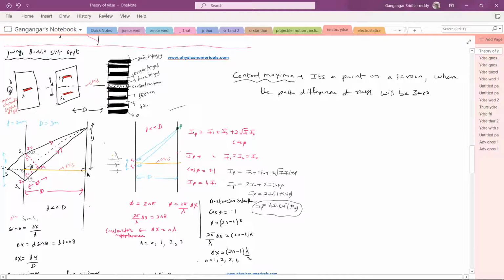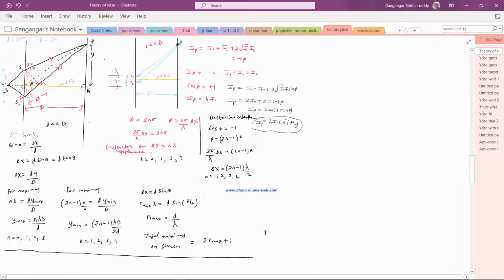So how to locate the alternate bright and dark fringes or bands? Using this particular formula, I locate the position of maxima. Position of maximas are given by this equation.